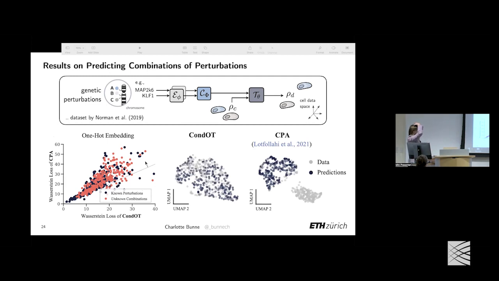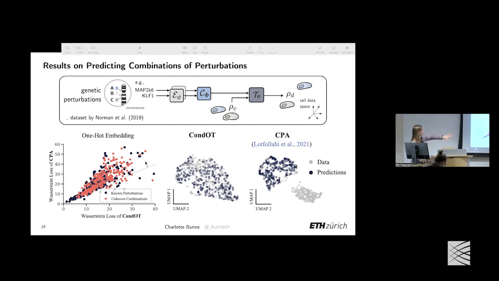And here you can see a very simple UMAP embedding where we embed jointly the data, as well as the perturbed observed data and the predictions of the perturbed states. And what you would like is that this matches quite well.